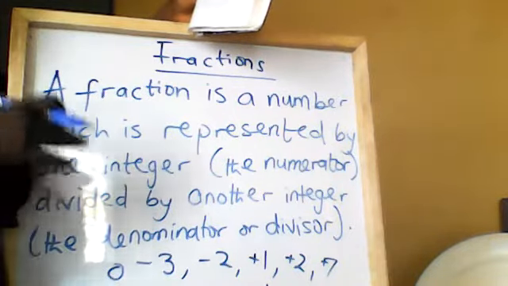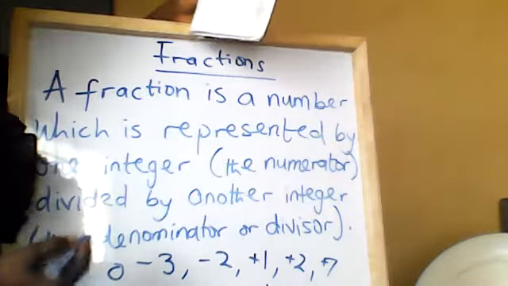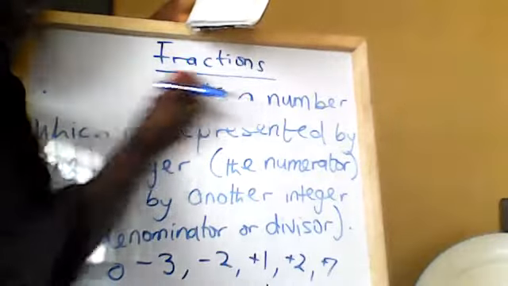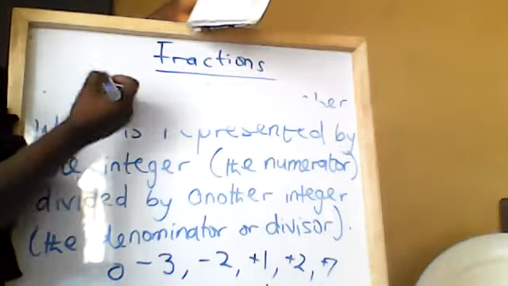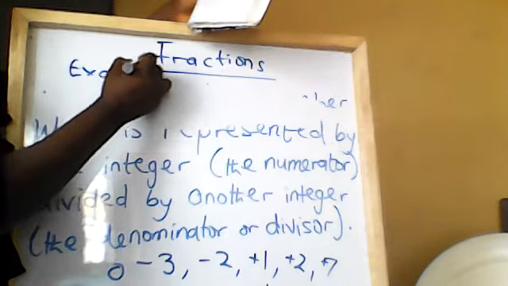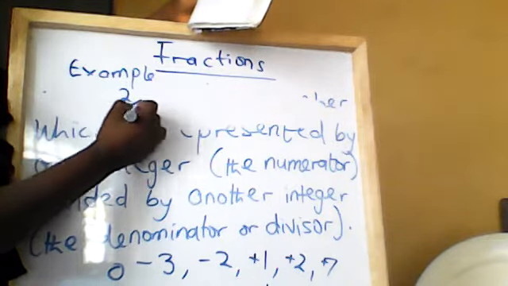The integer on top of the division line is known as the numerator. So this is an example: 2/3.